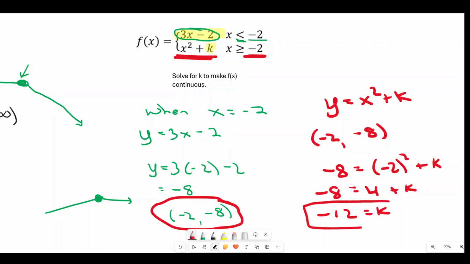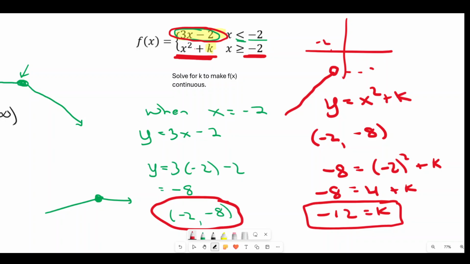So if k is negative 12, we have a continuous function because this line will end at the point negative 2, negative 8. I'm just going to represent it in a really, really quick and ugly way. So it's going to end at the point negative 2, negative 8.